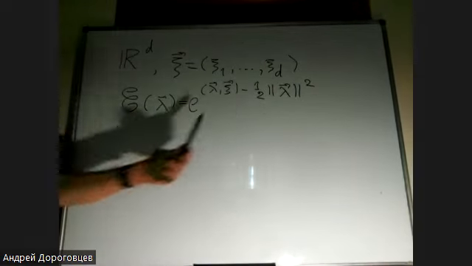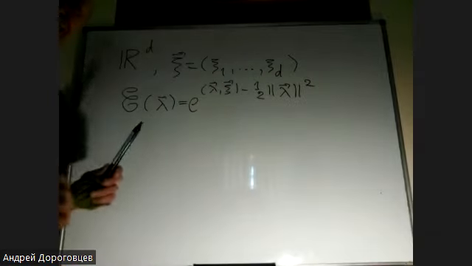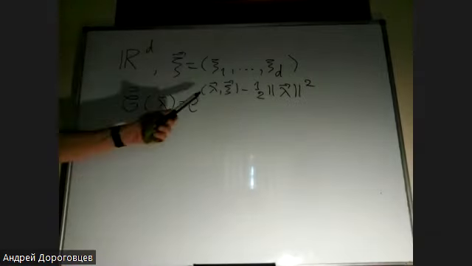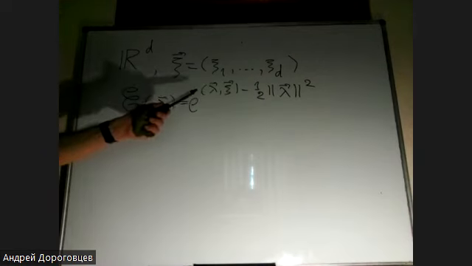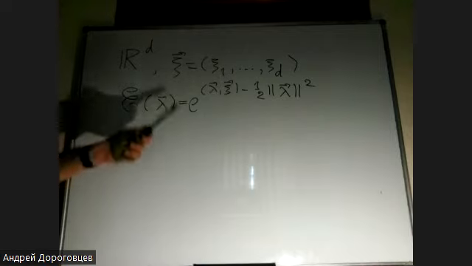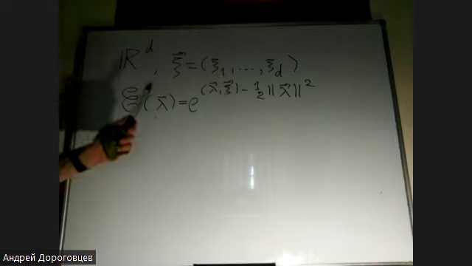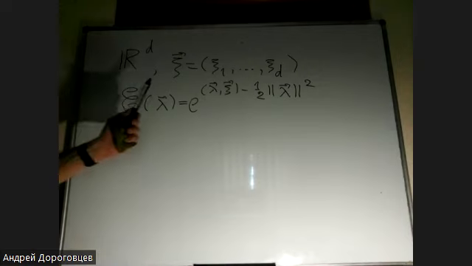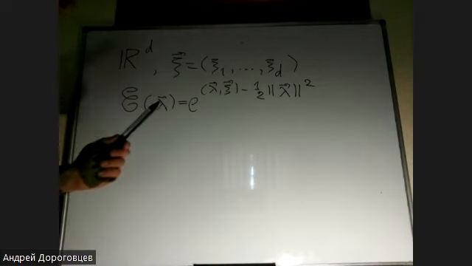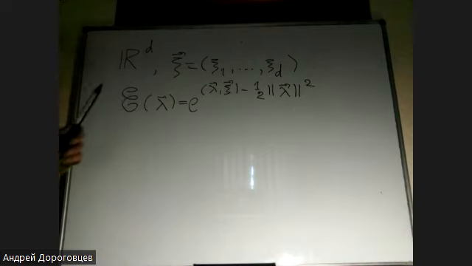Yeah, of course I can expand it using coordinates, but I will not do this. In this case, you see just a function which is like the stochastic exponent in the one-dimensional case, and we will use it.